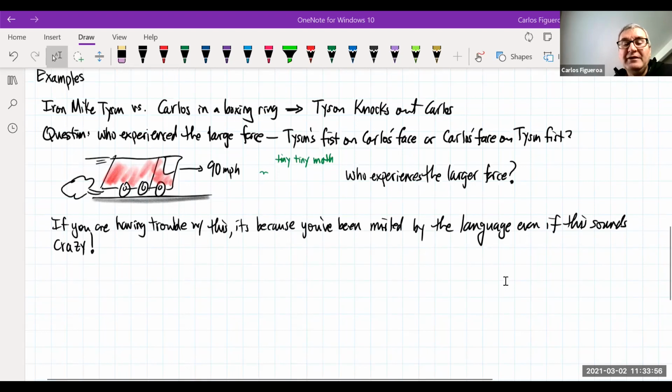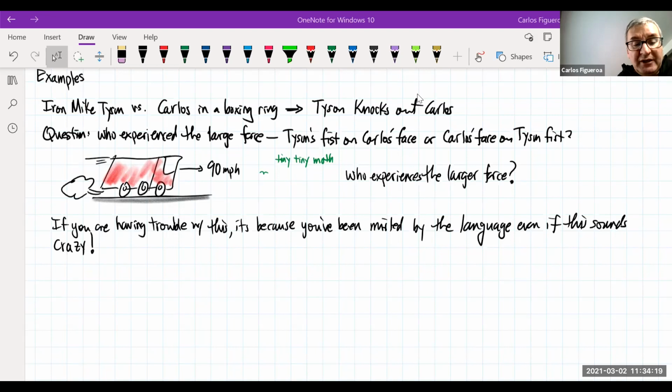And what you're finding here is that it's not about force. It's about acceleration. When you're looking at two interacting objects, it's not the force that causes the damage, it's the acceleration.